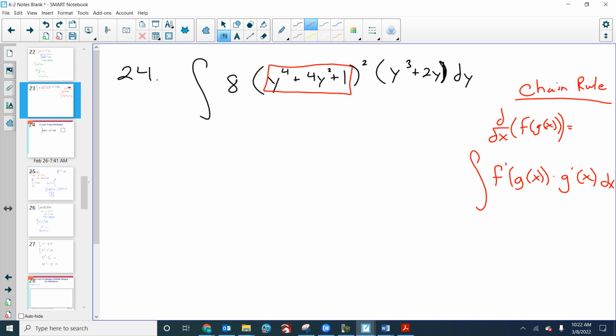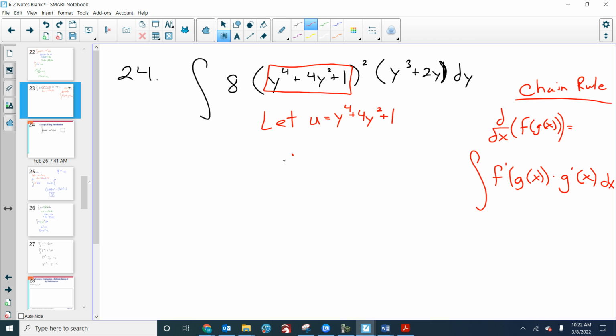So what are we trying to do? We're trying to rewind it to get back to the f of g of x part of it. So this process we call u substitution. We're going to let u equal y to the fourth plus 4y squared plus 1.